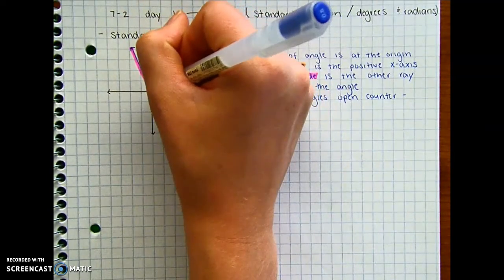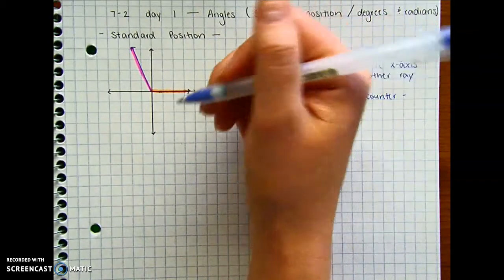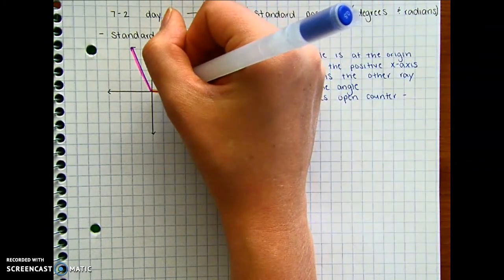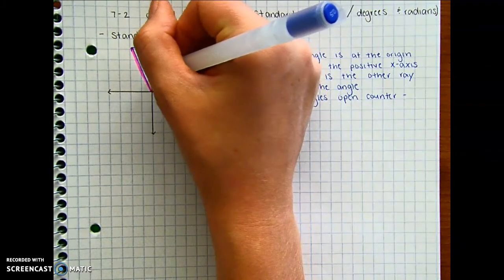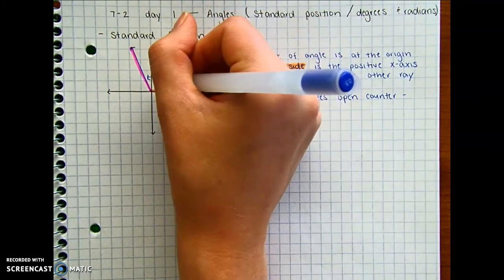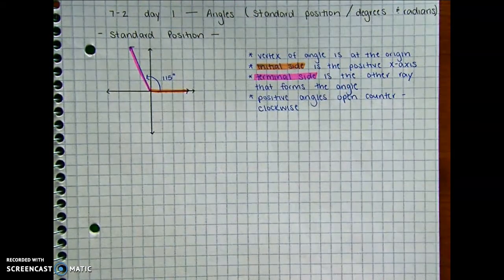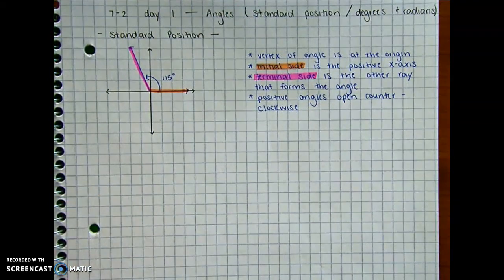So counterclockwise. And what we do to note that positive angle is we start on the initial side and then we stop on the terminal side. So this is a 115-degree angle. We don't have a protractor, so it might be a little off, but that's okay.